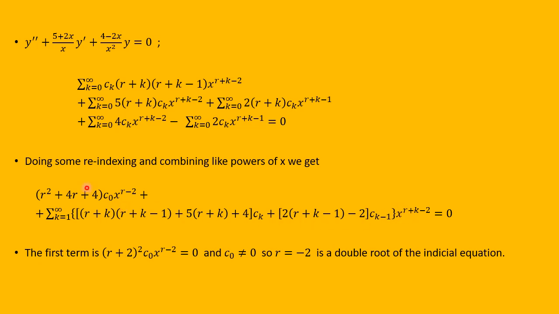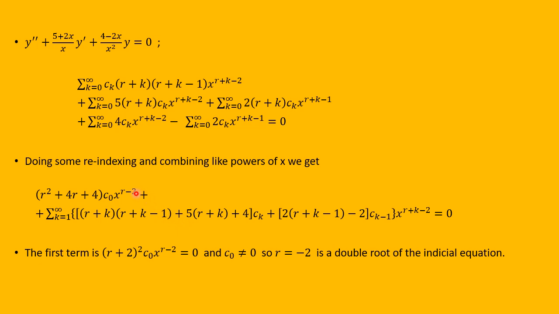And so if this series equals 0 for all x in some interval, then this coefficient of x has to be 0, and all of these coefficients of x to the r plus k minus 2 also have to be 0.